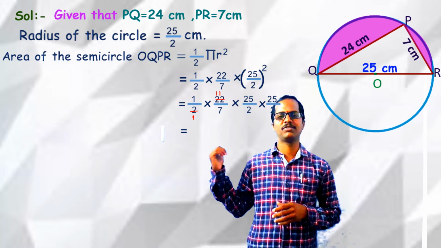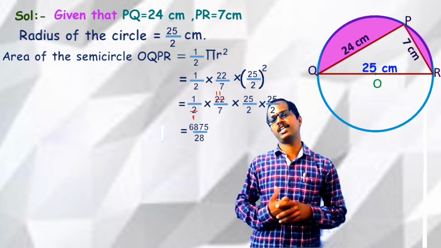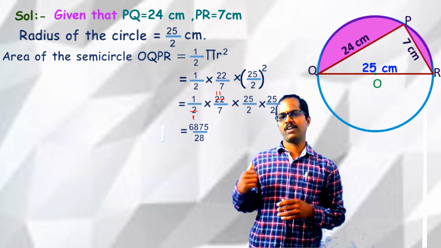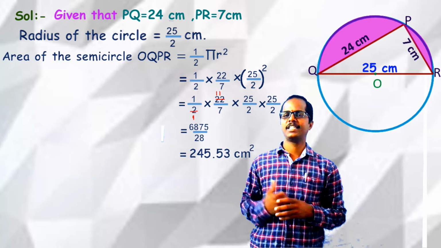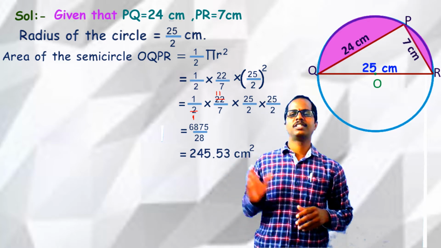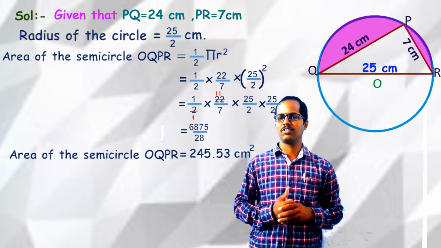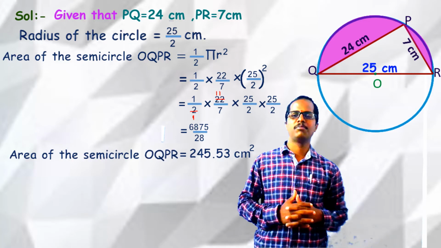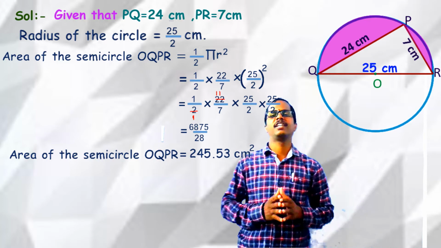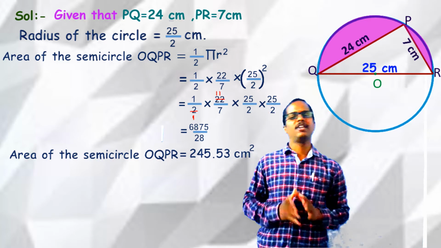So we get 6875 by 28. And by dividing this, we get 245.53 centimeters square. Therefore the area of the semicircle OQPR equals 245.53 centimeters square.